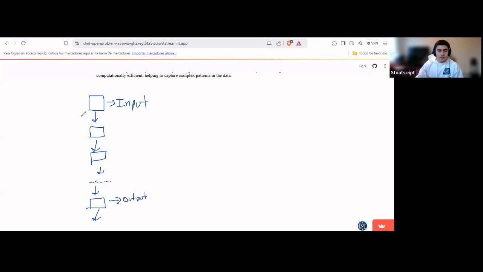The main idea of all of these layers in between is that you're going to introduce certain non-linearities within the model. What I mean by that is, let's go back to what we were talking about in previous videos when we introduced linear regression. The main idea of linear regression is that if you have a lot of data like that, then linear regression would be the best line that fits all of this data.